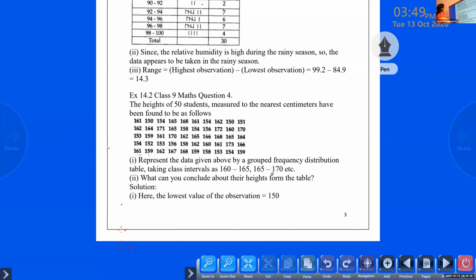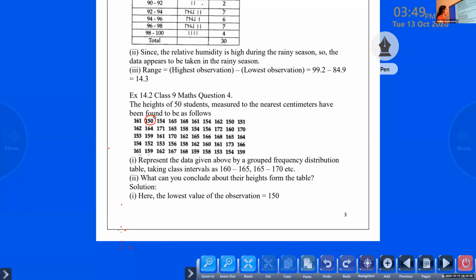What do you mean by grouped frequency distribution? Classes, isn't it? Yes, ma'am. It's all classes. Okay. Which is the lowest one? Lowest of this is 150.